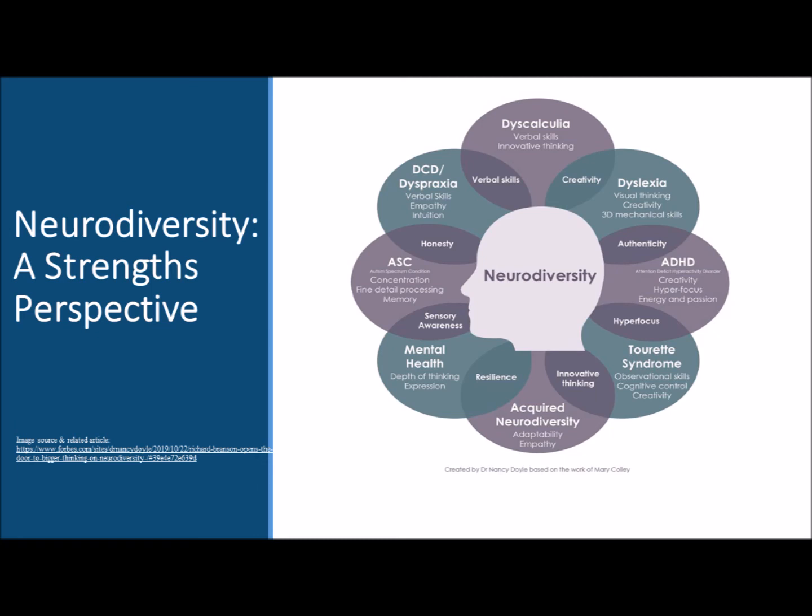Let's now consider the many strengths that come with neurodiversity. The image on this slide highlights some of the many strengths often connected to various disability labels. For example, individuals on the autism spectrum often excel in fine detail processing, in concentration, in memory tasks, and are often honest and direct to the point.